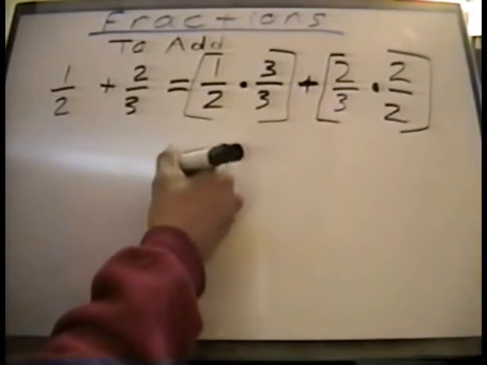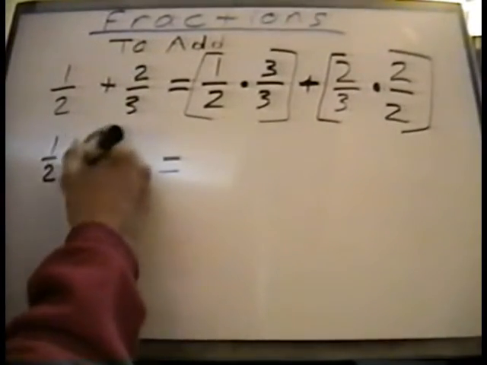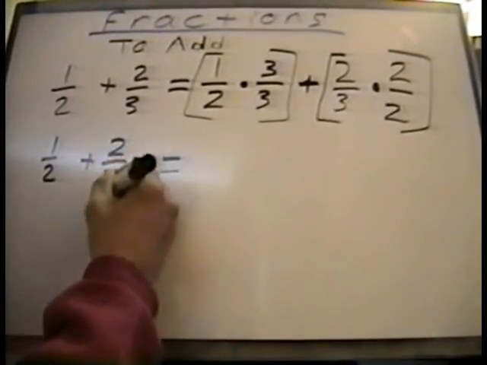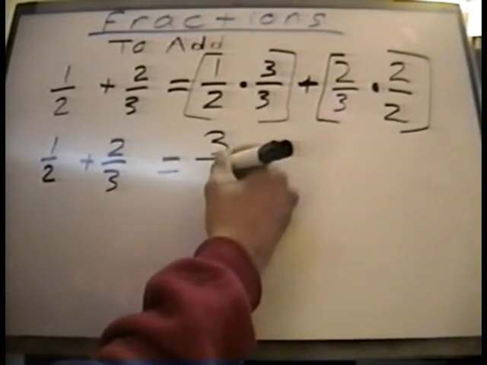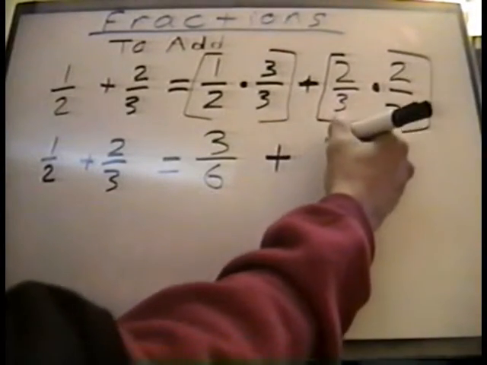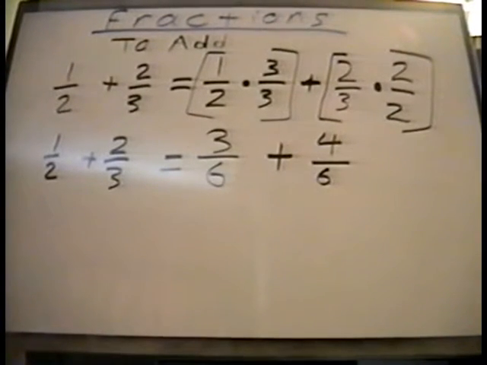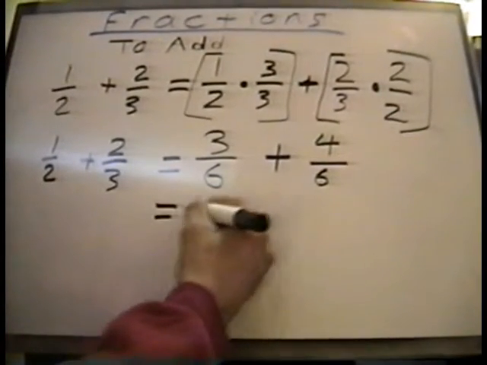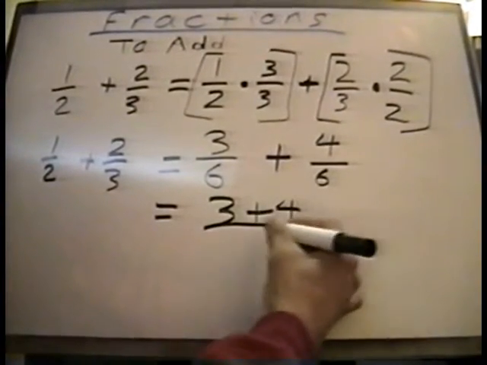That gives us now 1/2 plus 2/3 equals 3 over 6 plus 4 over 6. Now that gives us 3 plus 4 over 6.